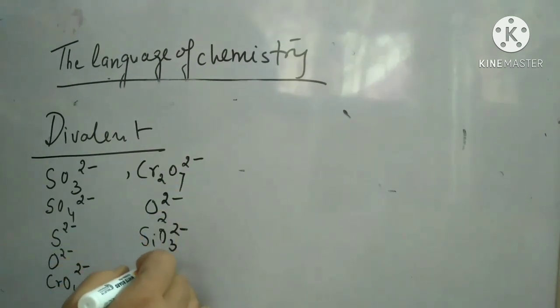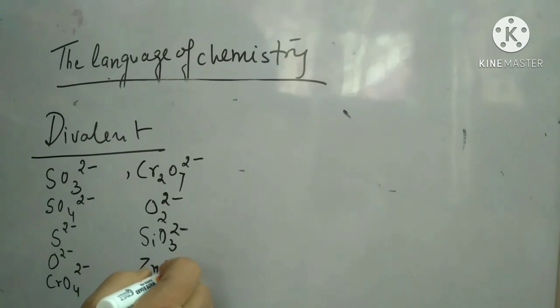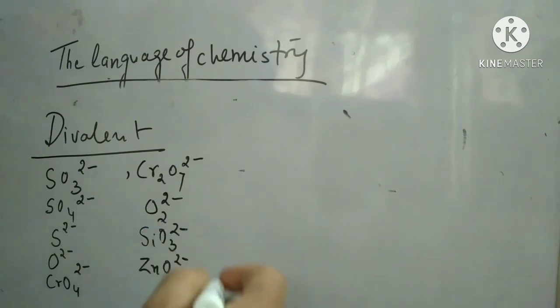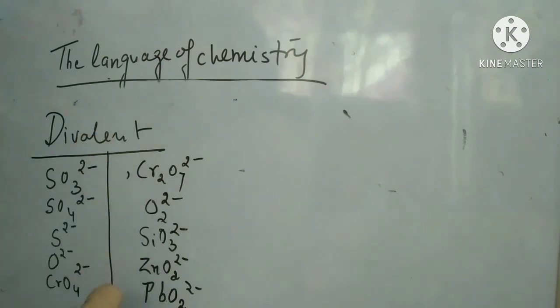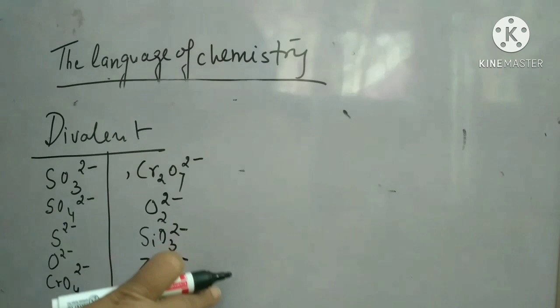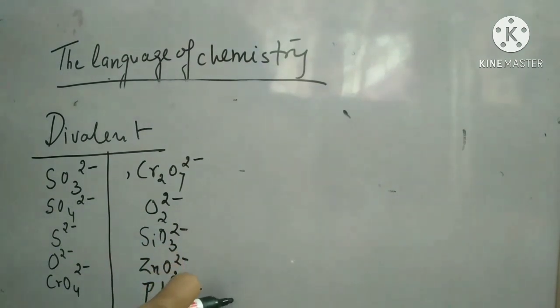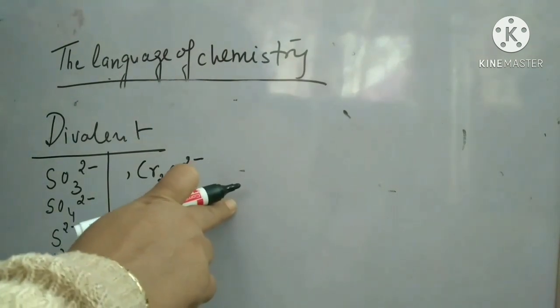zincate ZnO2 2 minus, plumbite PbO2 2 minus. So all these are the radicals that contain 2 valency.